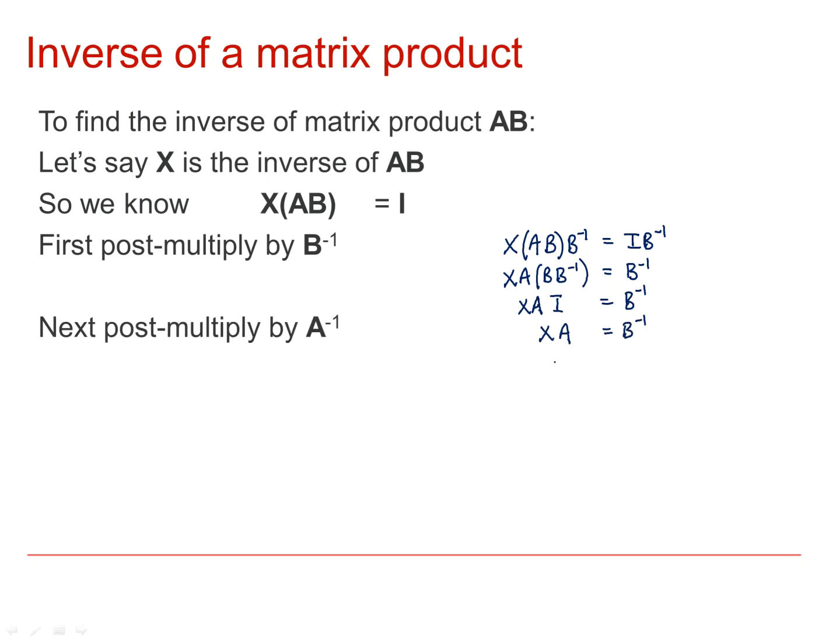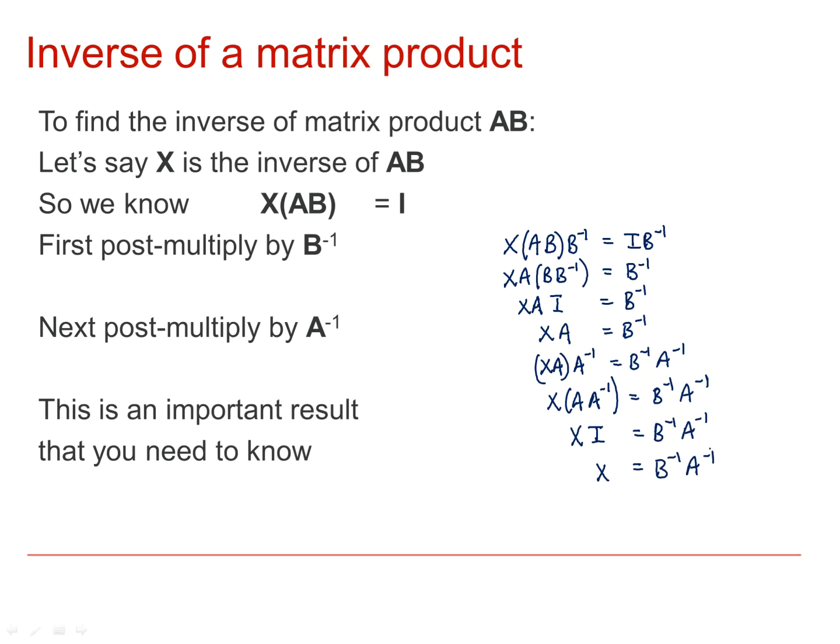Now we post multiply by A inverse, and we get XA multiplied by A inverse is equal to B inverse A inverse. Rebracketing, and then we know that A A inverse is the identity, and multiplying by the identity makes no difference.